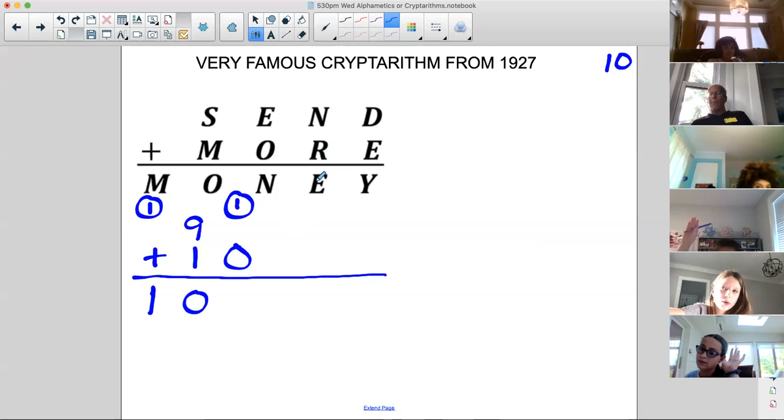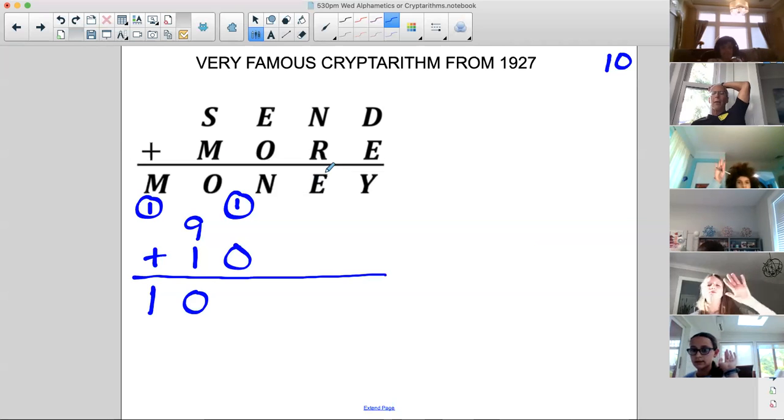Rafa, go ahead. E is N plus R. That is true, but how much bigger is one of them, E or N? Claire, were you going to share that? Yeah, N is 1 more than E.